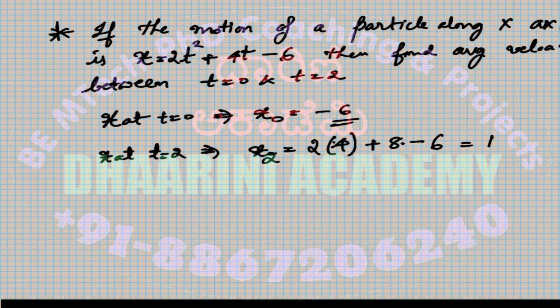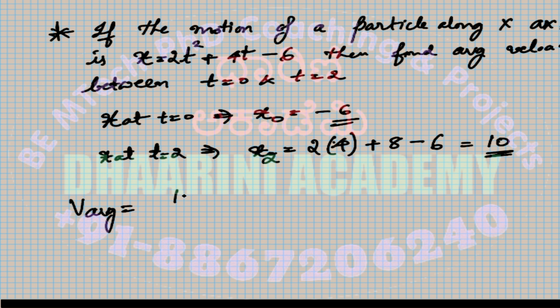Okay, so right, so total value is 10, right? So the average velocity is equal to the actual distance covered, right?